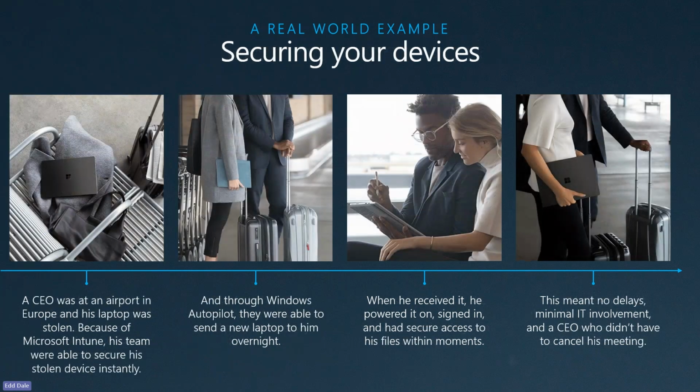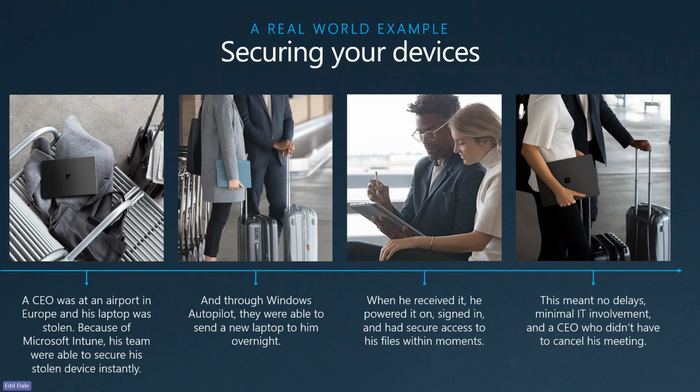What about a situation for securing devices? Let's say, for example, we've got a CEO and his laptop gets stolen at an airport, probably because he literally left it sat there, asking for trouble. But hey ho, the laptop has been stolen. So he makes a quick call back to the office, letting them know the bad news.